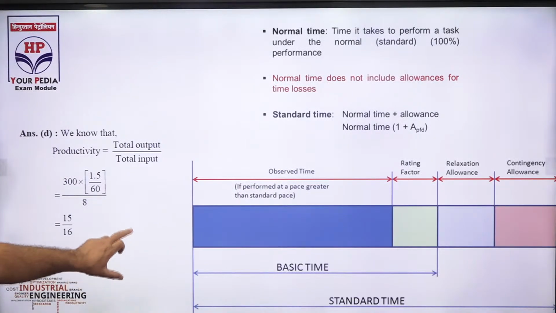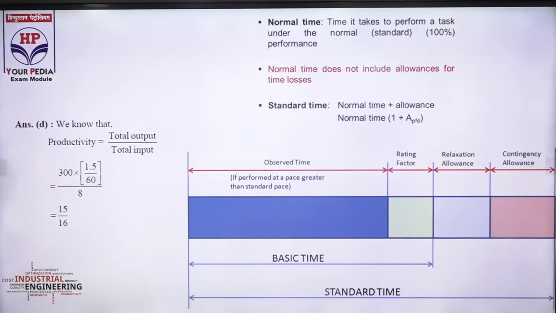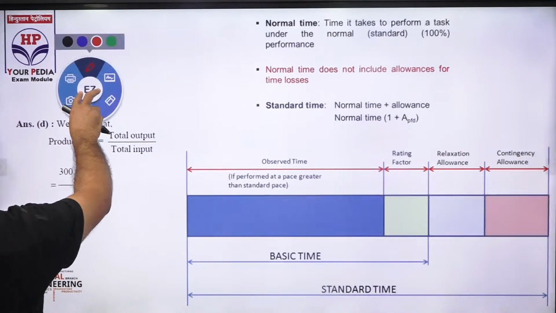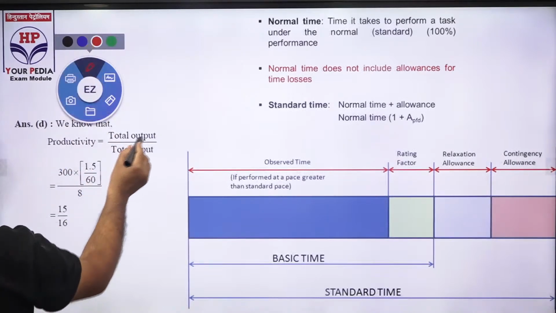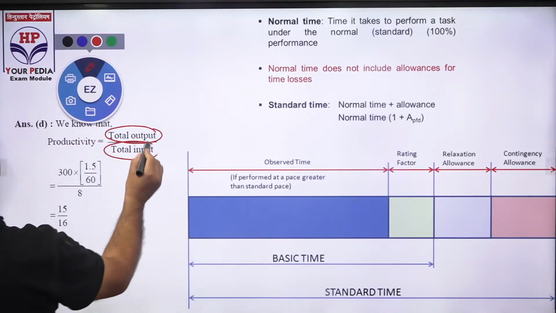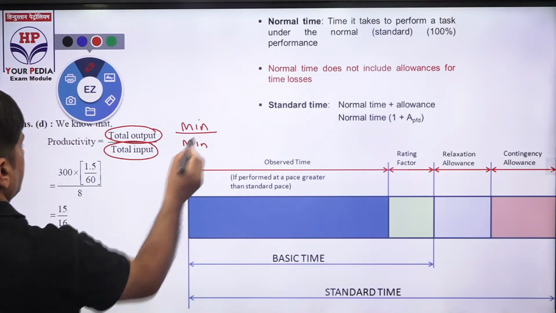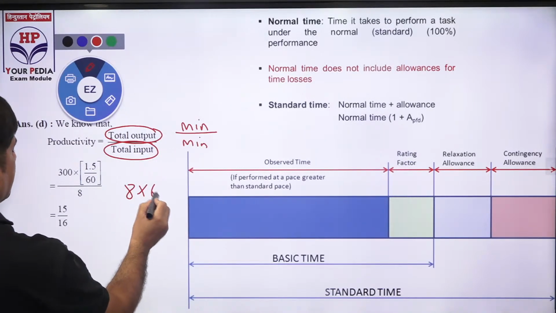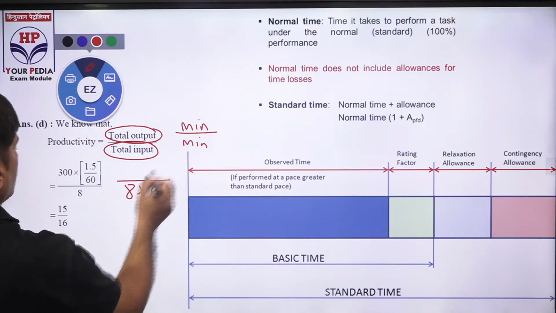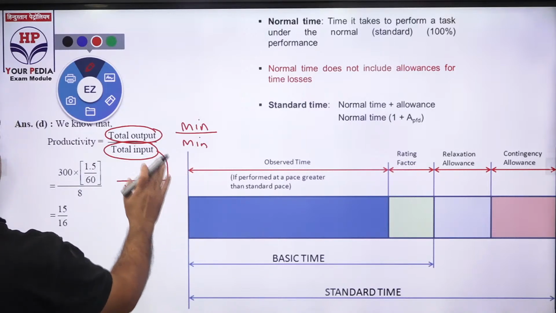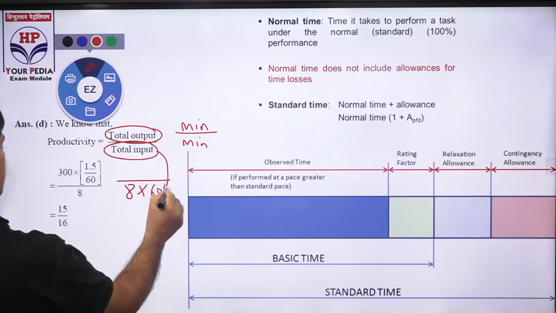Now see this carefully. Output is 300 plugs, and every plug is going to take 1.5 minutes. So output and input should be in the same unit, let's say minutes. Output in minutes, input in minutes. In 8 hours, how many minutes are there? 60. So input is 8 hours.